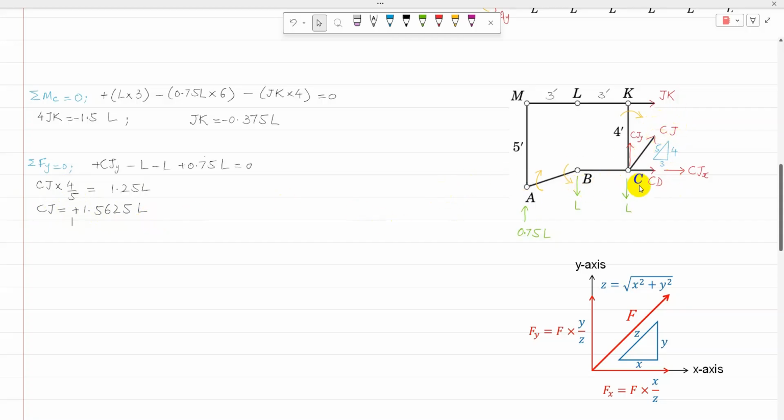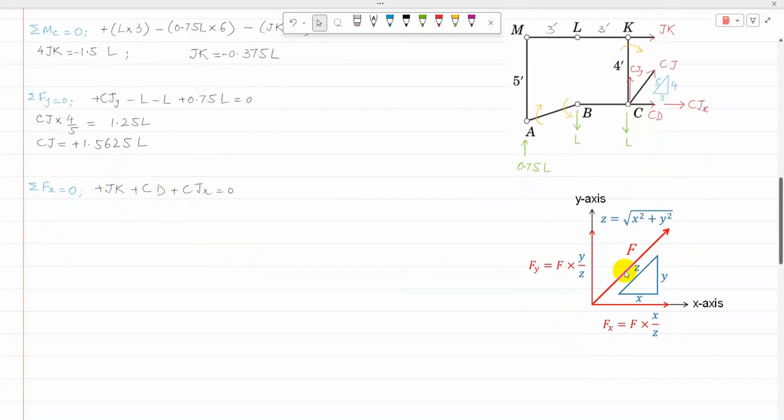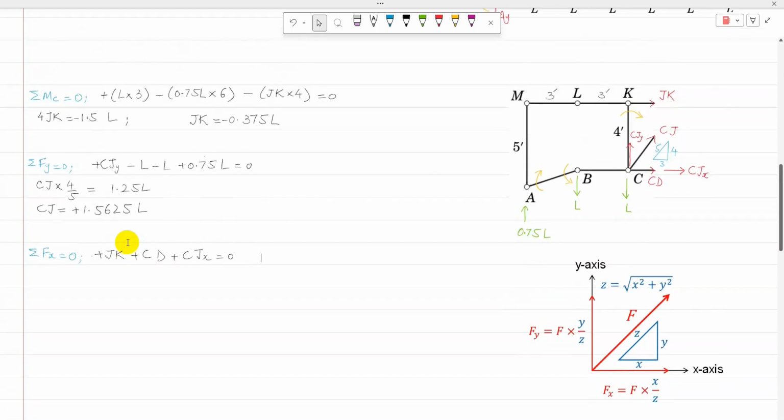The next one, I'm going to apply sigma Fx equal to 0. For sigma Fx equal to 0, one is Cjx in the horizontal direction, the other one is Jk. Both are taken as positive. And the third one is Cd. So sigma Fx is equal to plus Jk plus Cd plus Cjx. Cjx is Cj times 3 over 5, the horizontal side over the diagonal. Now Jk is known and Cj is known, so I can find Cd.